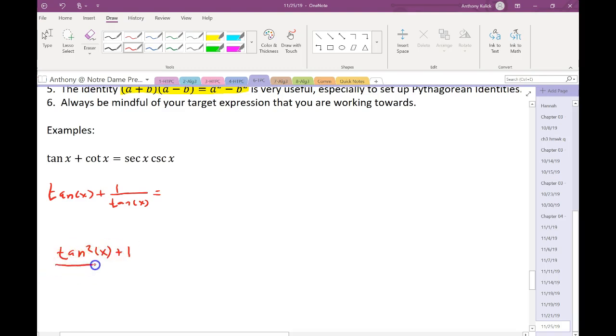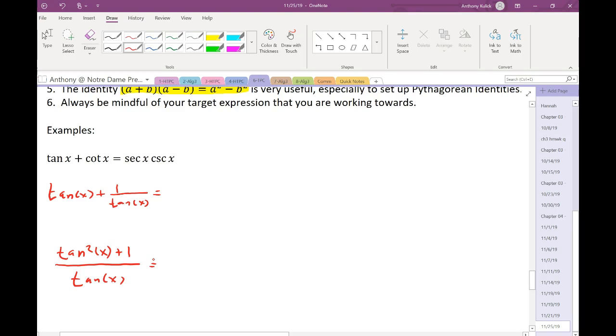And then I would have a common denominator between the two. It would look like this. Everybody agree with that? Yeah, I just wrote it all as one fraction.